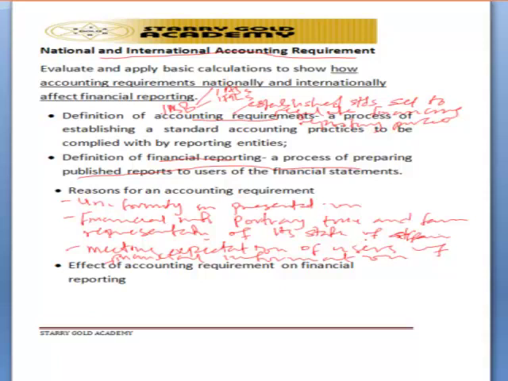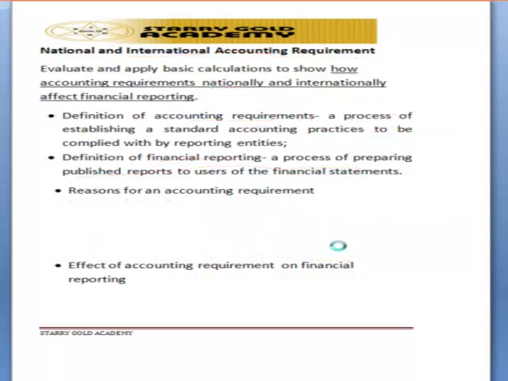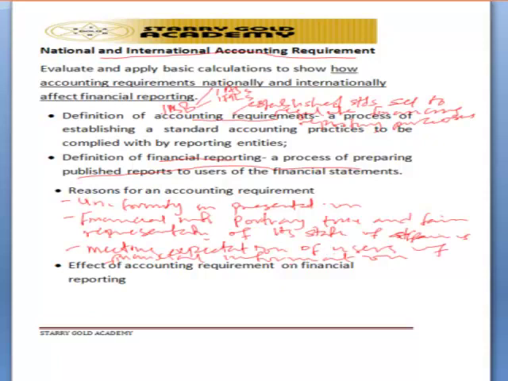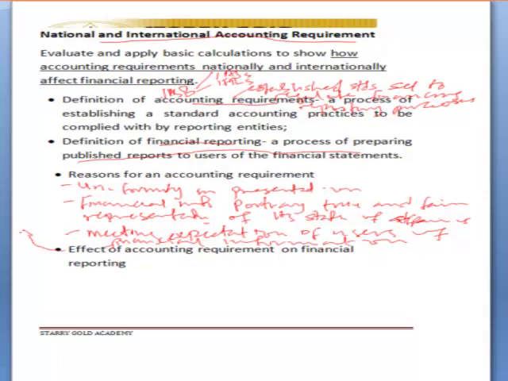It is when it becomes useful to a selected set of users that it becomes valid information. So one of the reasons for accounting requirements is to make sure that the expectations of users of the financial statements are met. And how do you meet the expectations of users of financial statements? You meet them by the concept of what we call transparency in figures.